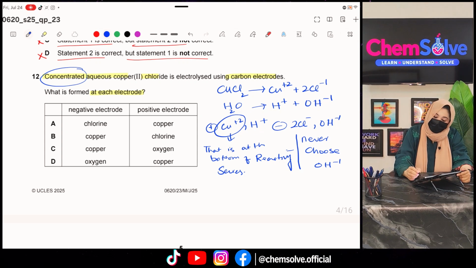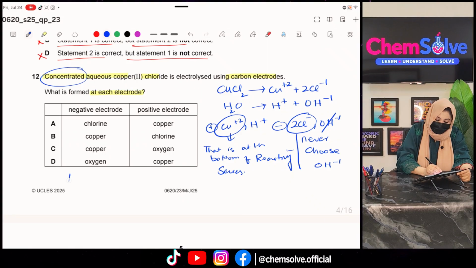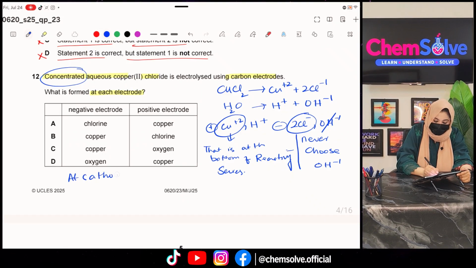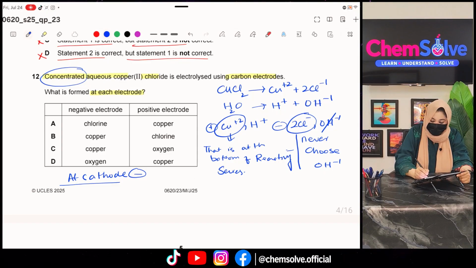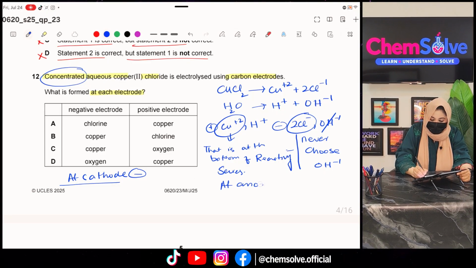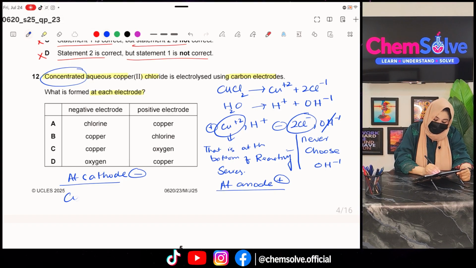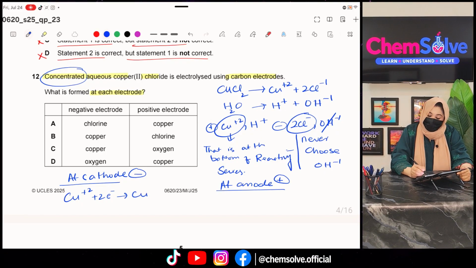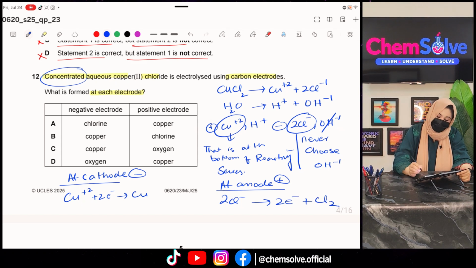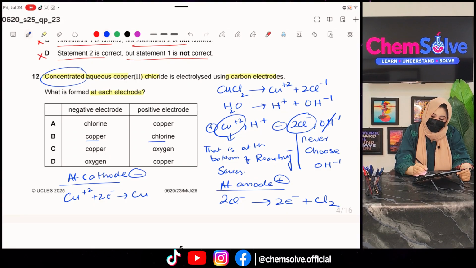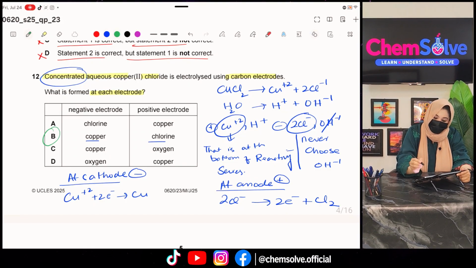Never choose OH-. So I will not choose OH-, so my option would be 2Cl-. At the cathode, that is the negative electrode, and at the anode, that is the positive electrode. At the cathode, the positive ion will go, and that is Cu2+. It will get reduced and will form copper. At the positive electrode, the negative ion will go, it will be oxidized and it will form chlorine gas. So at the cathode, copper will be formed, and at the anode, chlorine will be formed. So that's why B is the correct option.